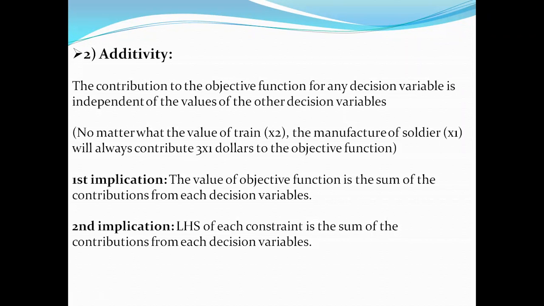The first implication: the value of the objective function is the sum of contributions from decision variables. So decision variables will obtain a decision value based upon the objective function. The second one: the left hand side of each constraint is the sum of the contributions from each decision variable. We already discussed previously, for example, a polynomial equation ax plus bx square plus cx cube, where x is the common terminology.